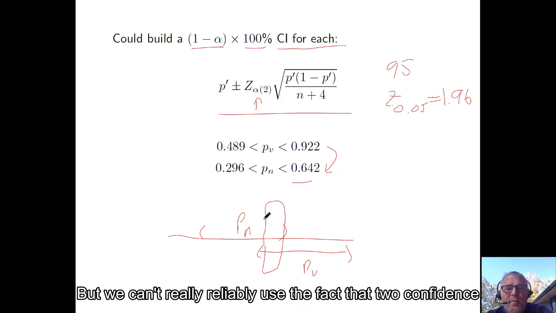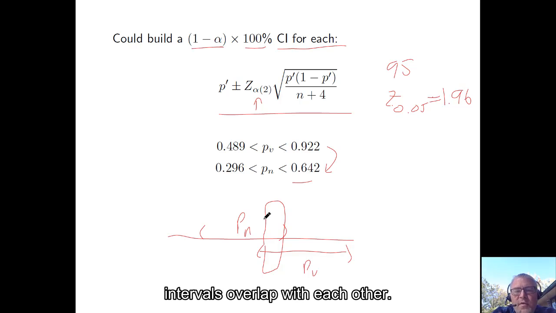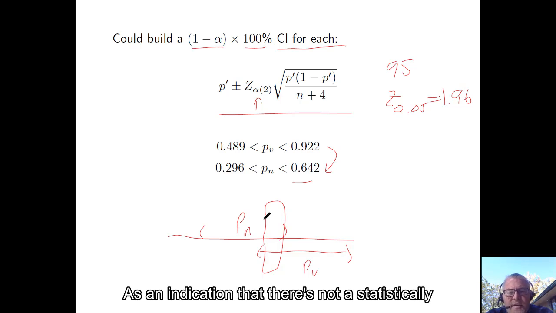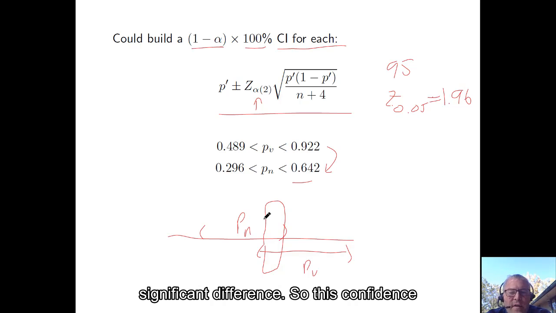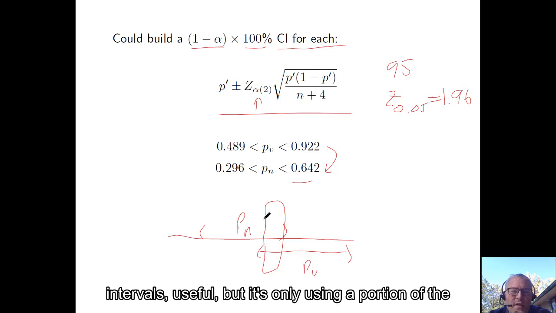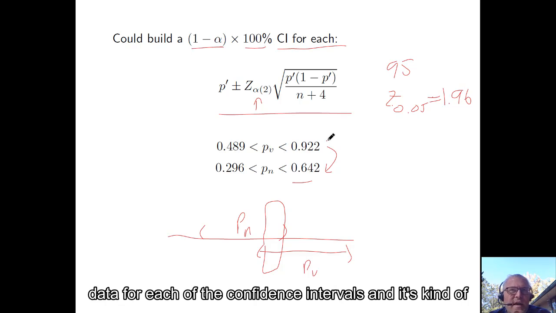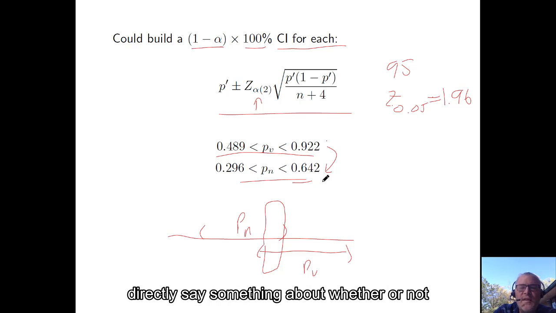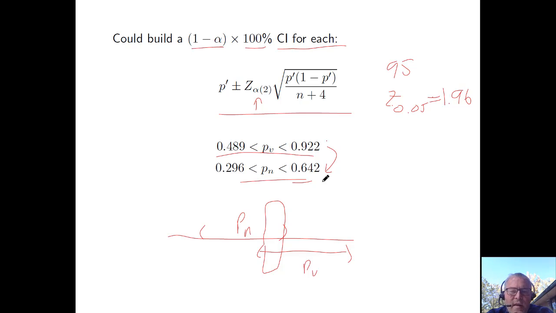But we can't really reliably use the fact that two confidence intervals overlap with each other as an indication that there's not a statistically significant difference. So this confidence interval is useful, but it's only using a portion of the data for each of the confidence intervals, and it's kind of an indirect comparison to build two confidence intervals and try to directly say something about whether or not the hypothesis test would have rejected the null that these two parameters are equal to each other.